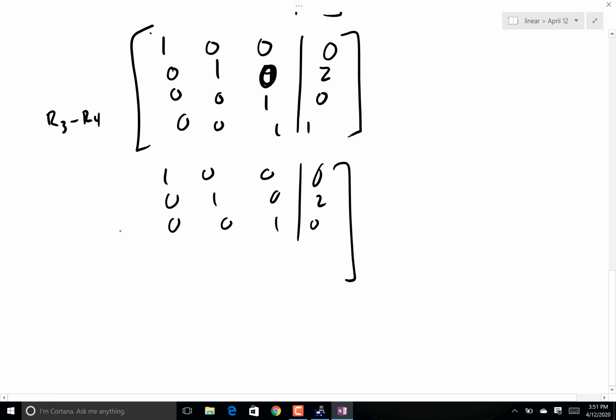Back the train up just a hair. I want our answer to go here. So let's do this. R3 minus R4. So 1 minus 1 is 0. And then 0 minus 1 is negative 1.